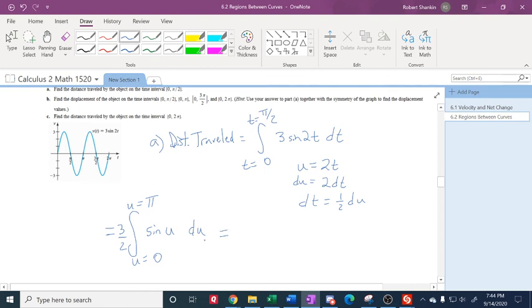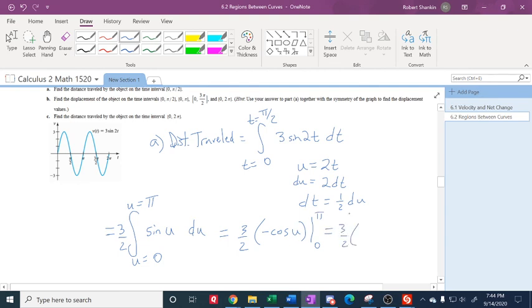Now the antiderivative, so 3/2 comes in. The antiderivative of sine of u is, what's something whose derivative is sine? It's negative cosine of u, because the derivative of cosine would be negative sine, so that's why we need the extra negative. Evaluated from 0 to pi, which is 3/2.